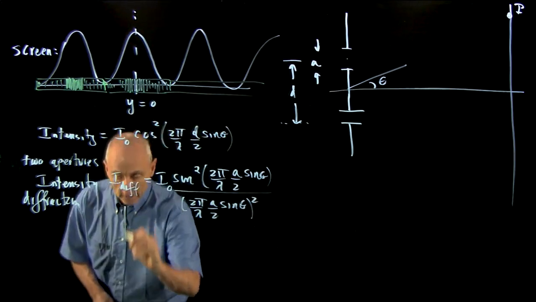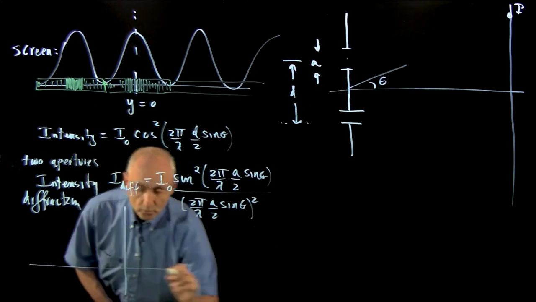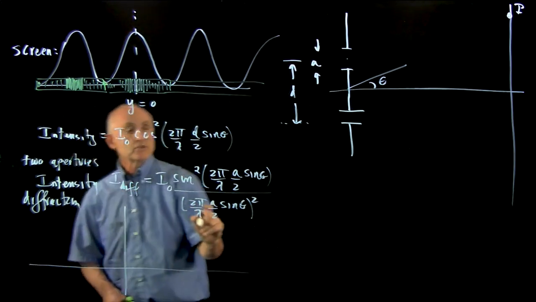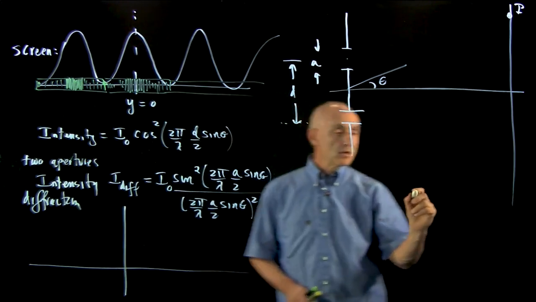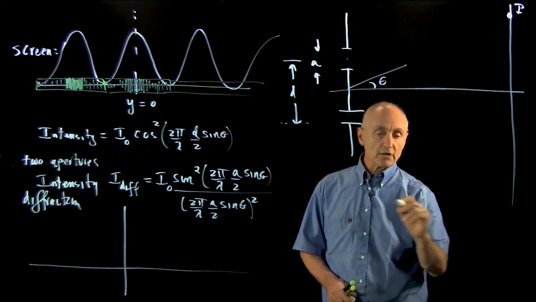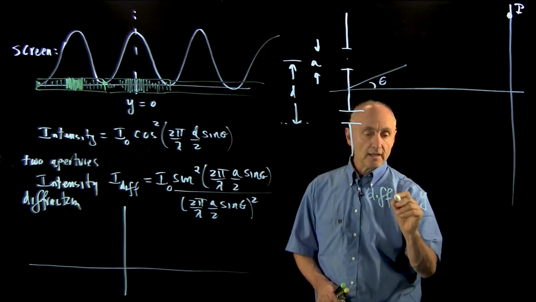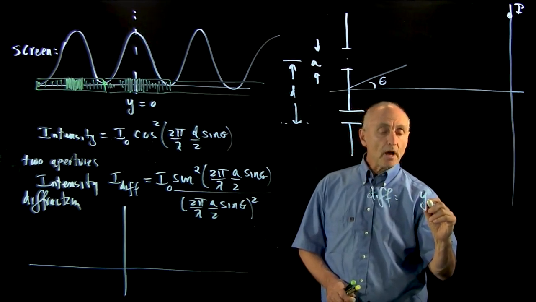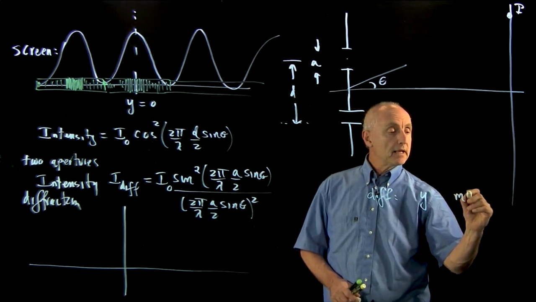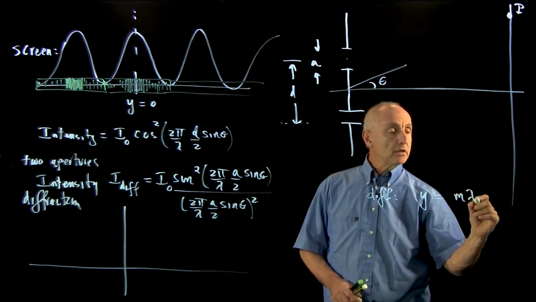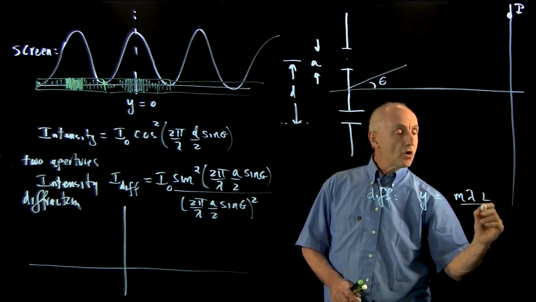If I drew this one in the same way, notice that the difference is, remember, our diffraction minimum. So let's just qualitatively remind ourselves for the diffraction, the minimum was where we had m times lambda times L over a.